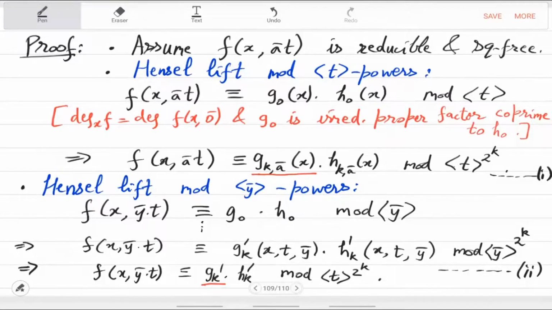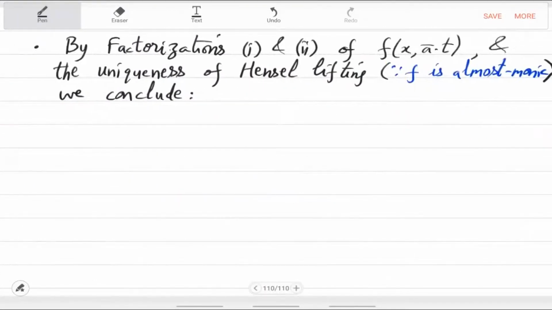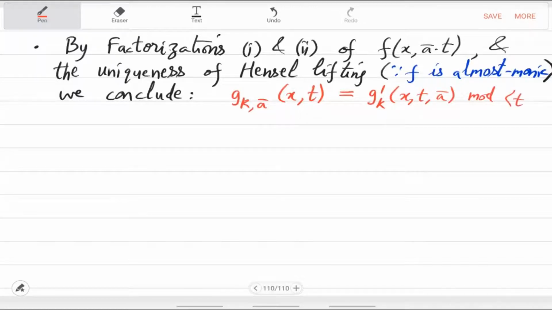That is what we conclude. So, gk a bar at x comma t is equal to gk prime at a bar mod t raised to 2 raised to k.